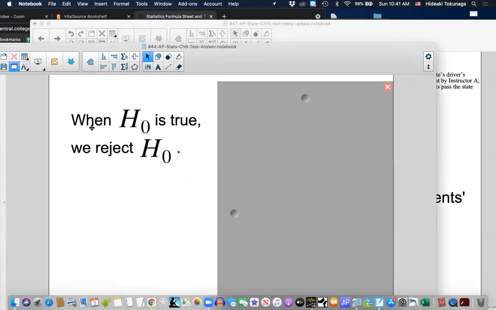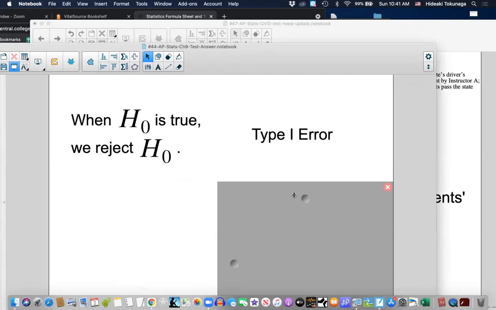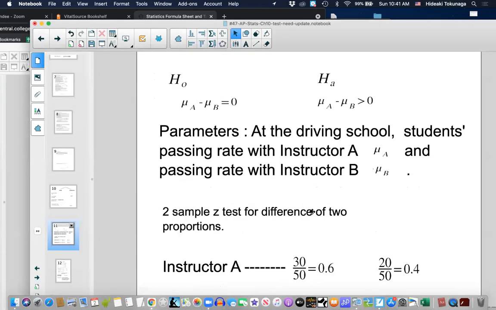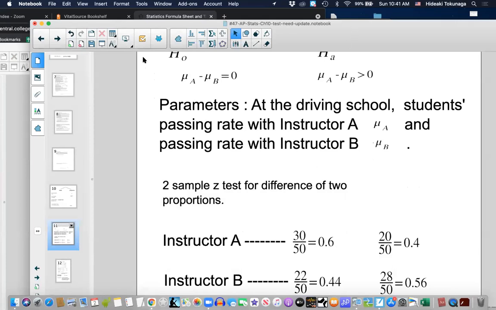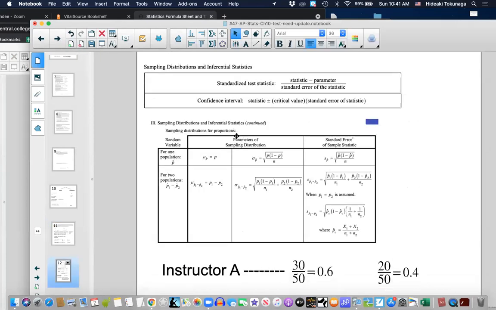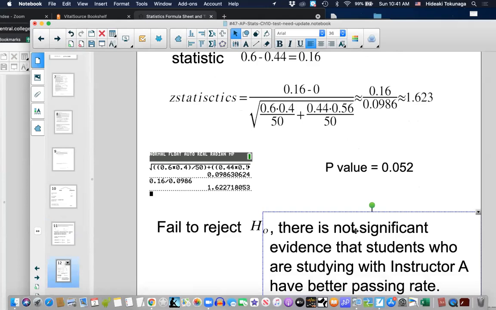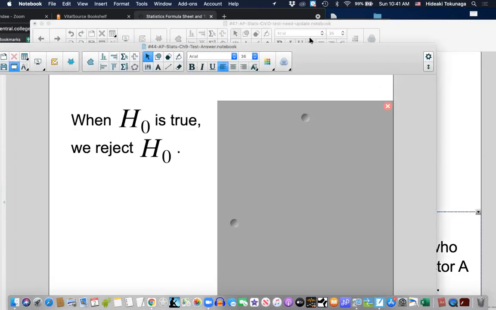In chapter 9: if the null hypothesis is true but we reject the null hypothesis, that's type 1. Did we reject the null hypothesis? No, right? We failed to reject the null hypothesis, so the scenario is the other one.